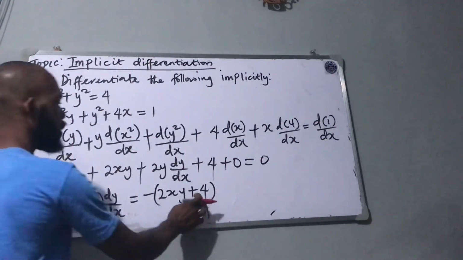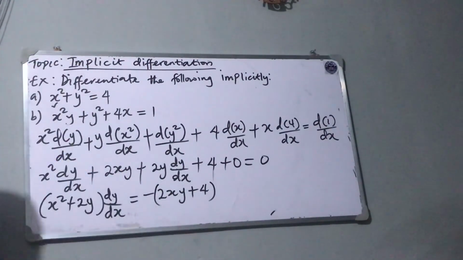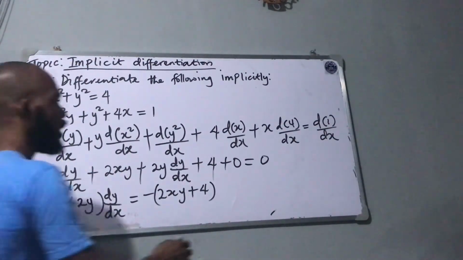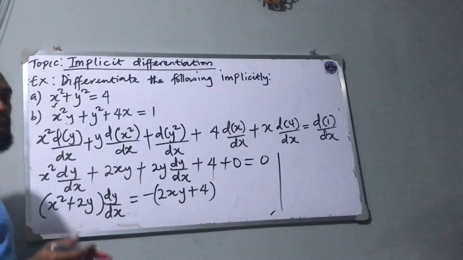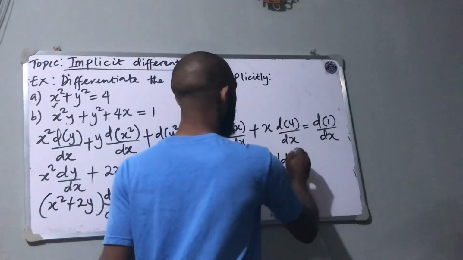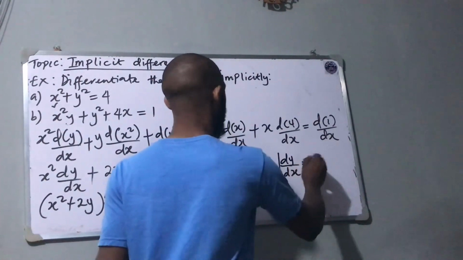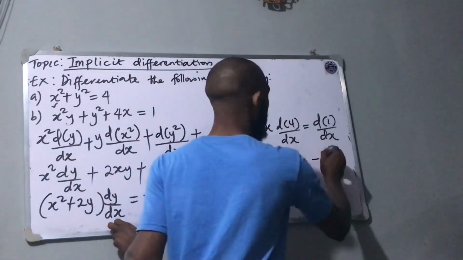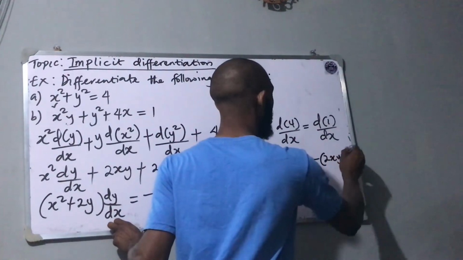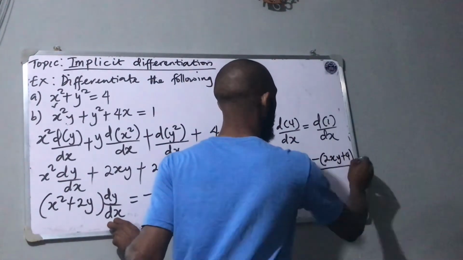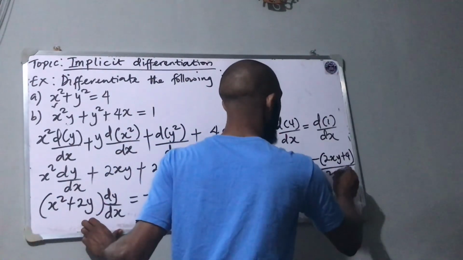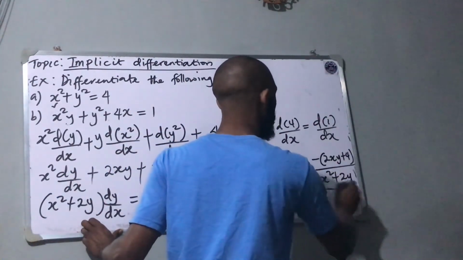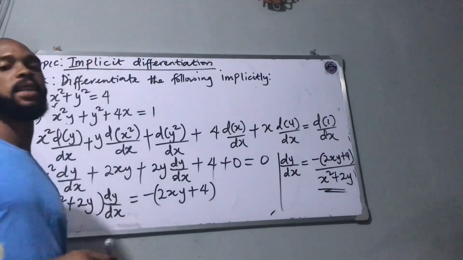From here, I can divide both sides by x squared plus 2y because I'm looking for my dy dx. So dy over dx equals minus 2xy plus 4 over x squared plus 2y. And that's my dy dx.